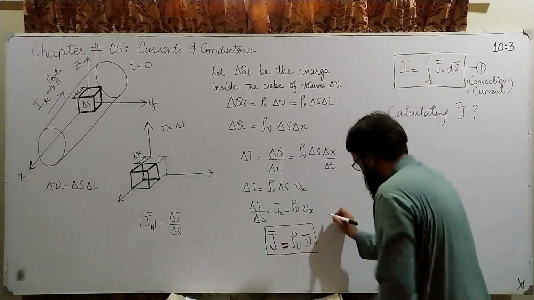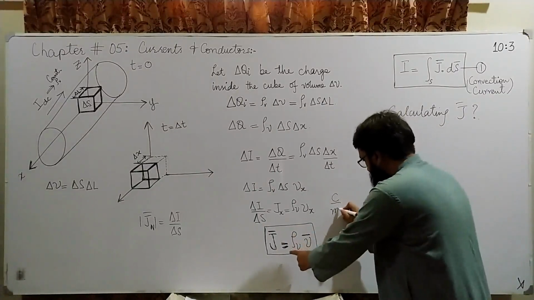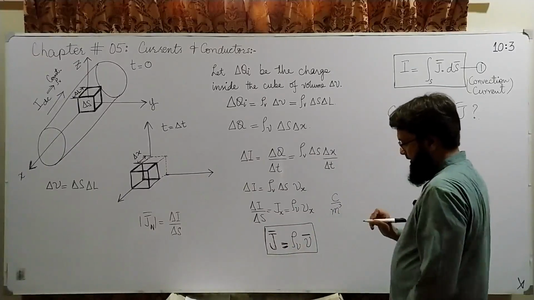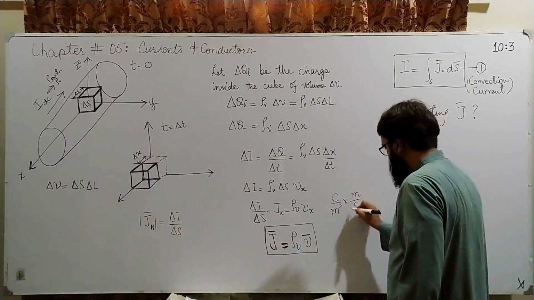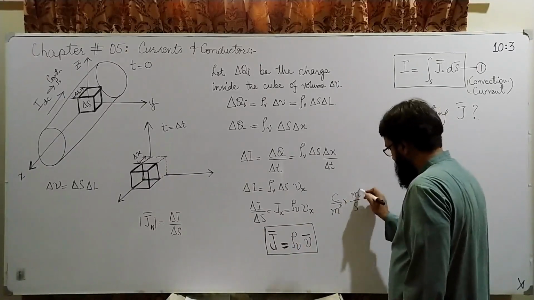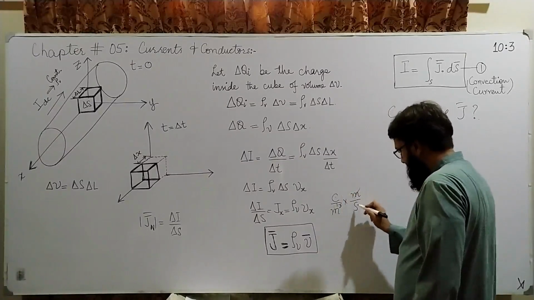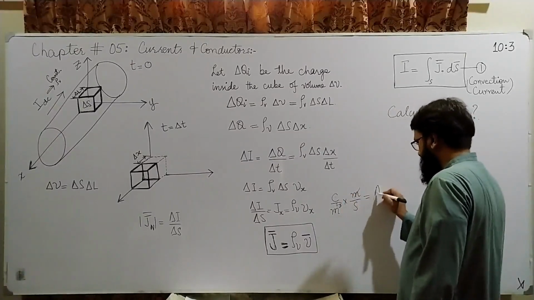So you can see that coulombs per meter cube is charge density, multiplied by meter per second, which is velocity. So meter cancels meter, and it becomes a square. Coulombs per second is amperes.